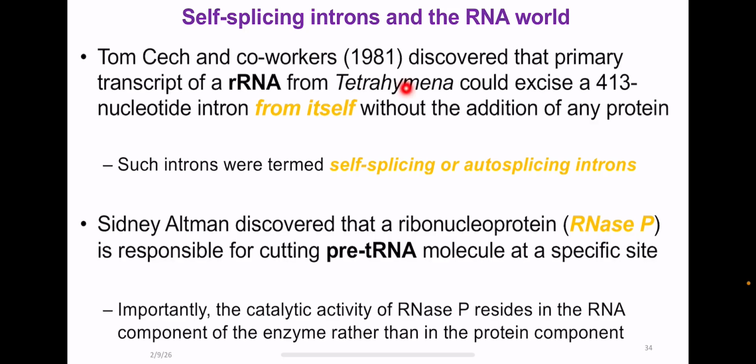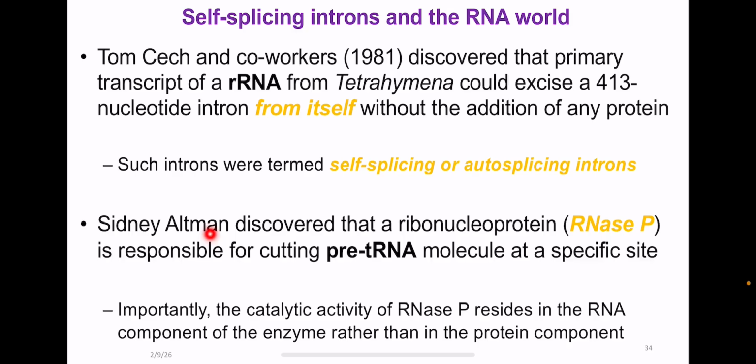But someone realized that there was a particular organism, Tetrahymena, in which a particular nucleotide could cut itself. The intronic sequence in that nucleotide could cut itself without any protein. But by then, they knew all enzymes were proteins, right?